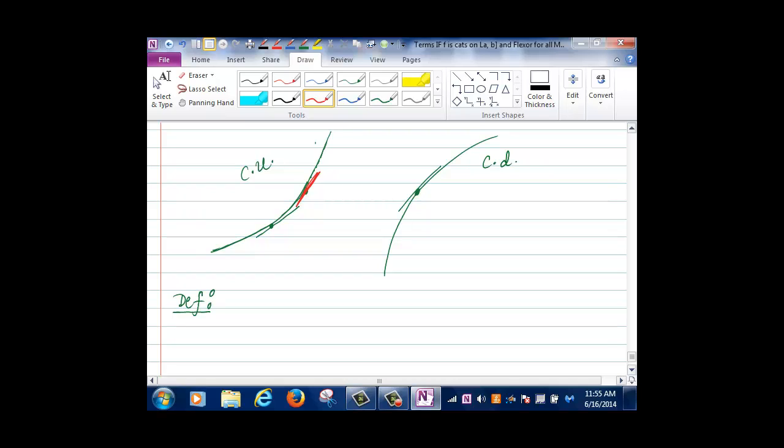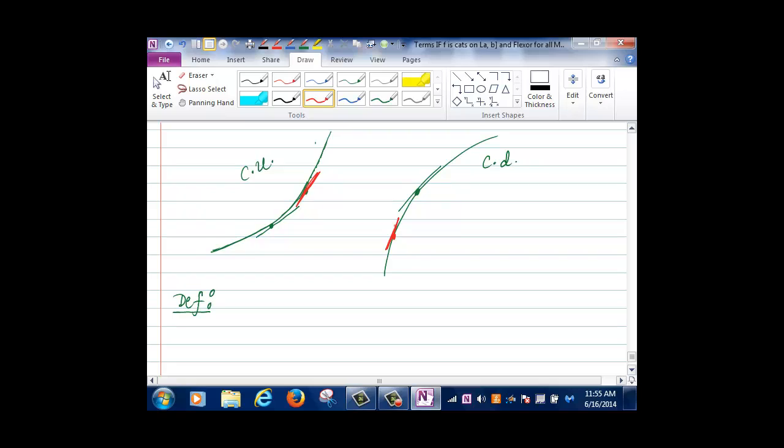If you have a concave up graph, the slopes are increasing there. If you have a concave down, notice that if I look at the slope here, which slope is bigger? The green one again, right? So again, no, sorry, in this case, the slope of the red one is bigger again. So in this case, the slopes are decreasing. So if a function is concave down on an interval, then in that interval, the slopes are decreasing. Am I making sense?